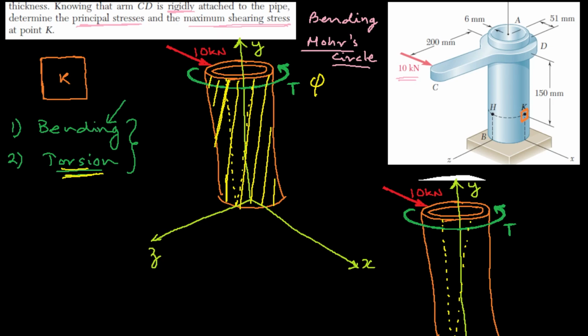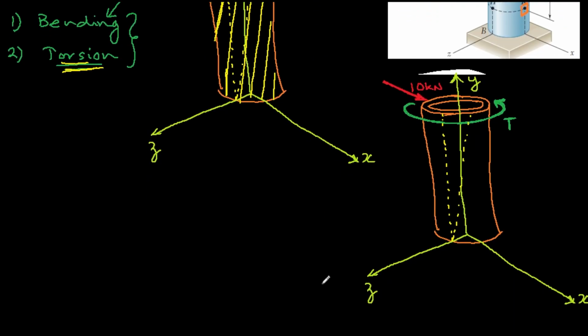So then what happens is, if you look from this side, it will bend. I'll just try to draw the view as if we are looking from the z direction. The tube will be something like this.